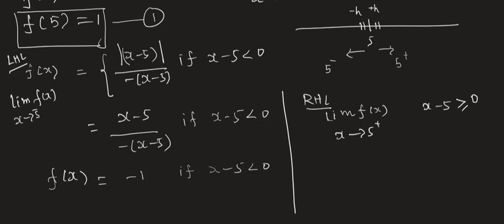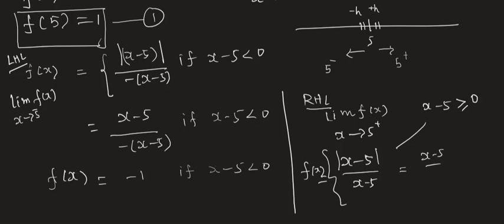In this case, f of x is the modulus of x minus 5 divided by x minus 5.